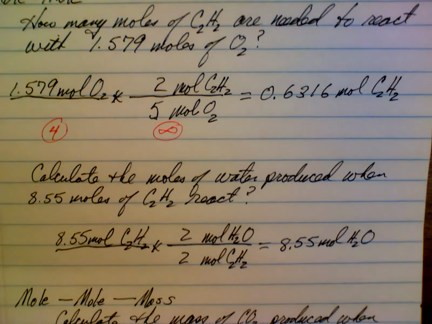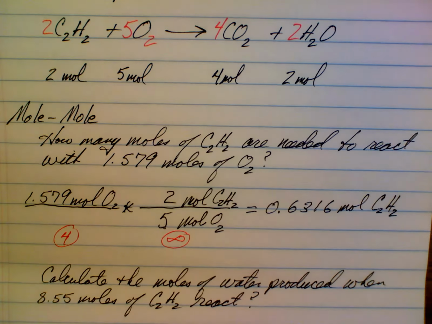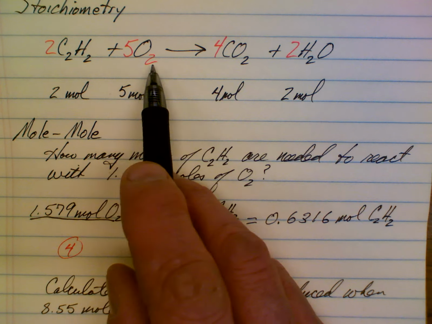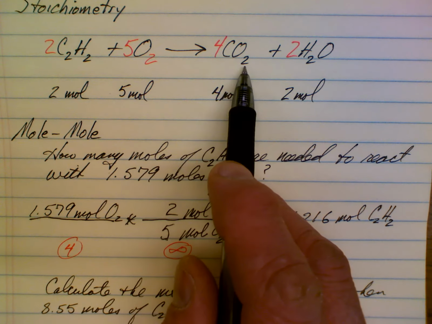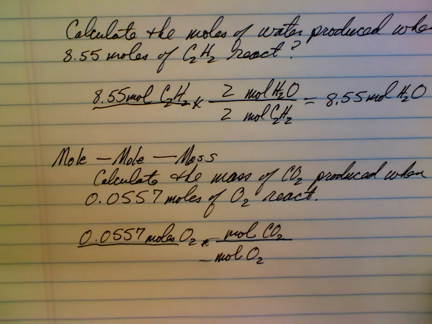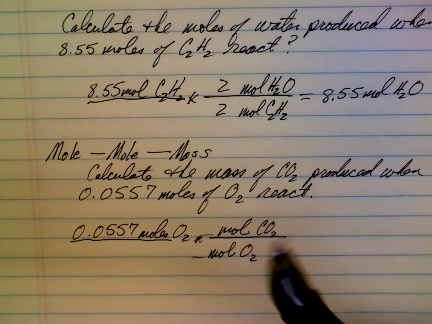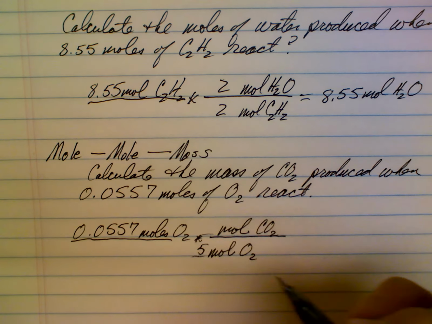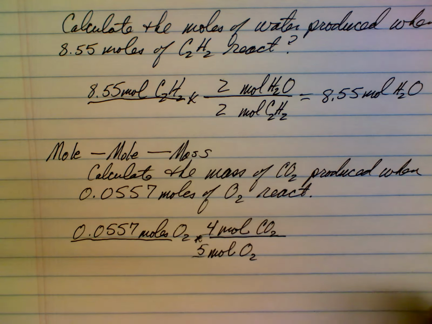So I go back to my original equation, and I know that for every 5 moles of oxygen, I will produce 4 moles of carbon dioxide. So it's a 5 to 4 relationship there. So go back to our original equation, and we said 5 moles of oxygen, 4 moles of CO2.